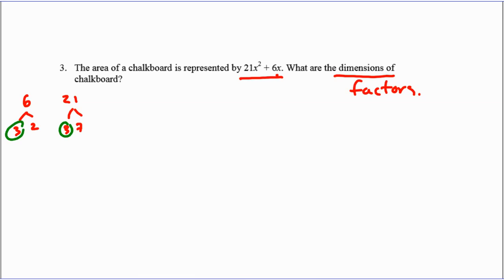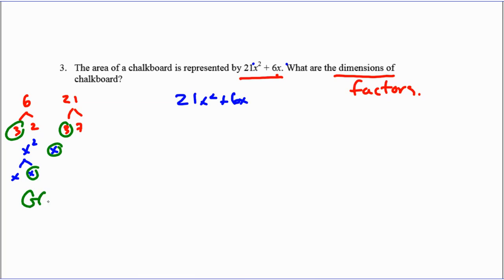3 is common. So we have 21x squared plus 6x, and now we also need to see if there's a common x term, and there is. The x's are common. So x squared and x, well, that's like saying x times x and x, so x is common.